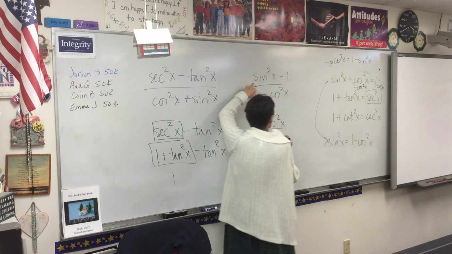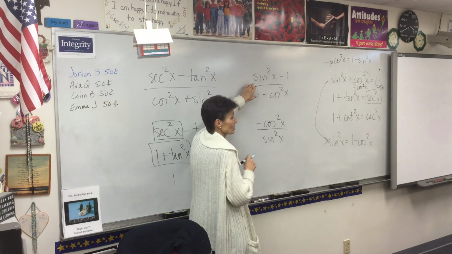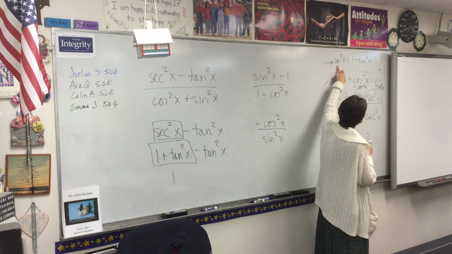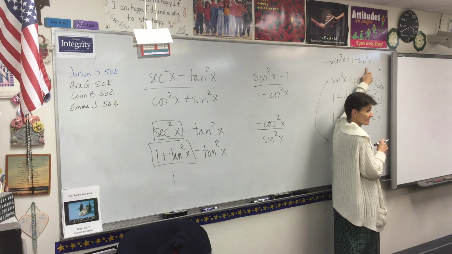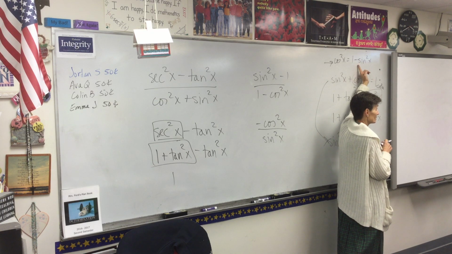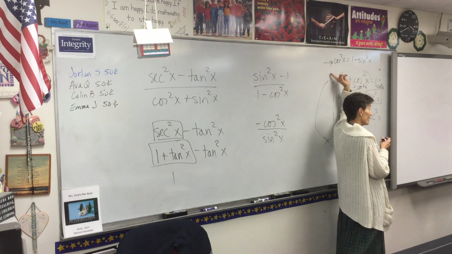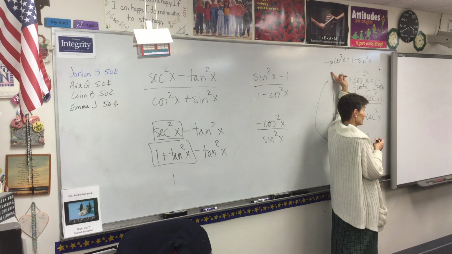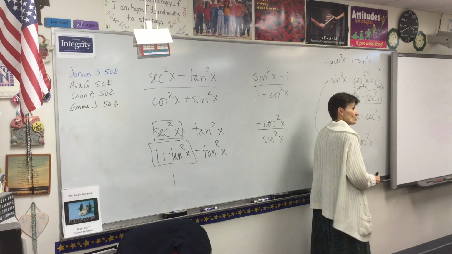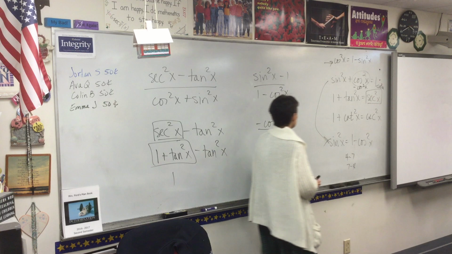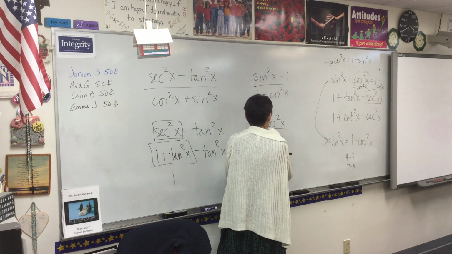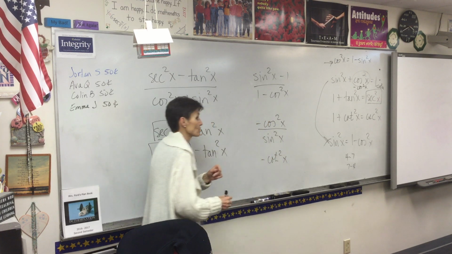Now, for those of you thinking, whoa, wait a minute, we figured out by rewriting this one that cosine squared was 1 minus sine squared. If you turn that around, it would make this negative. It's like 4 minus 7 and 7 minus 4. When you turn it around, it becomes negative. So what is cosine over sine? So that's negative cotangent squared.